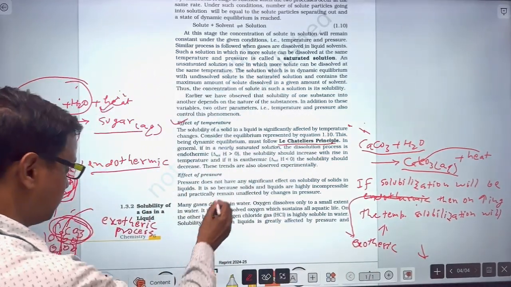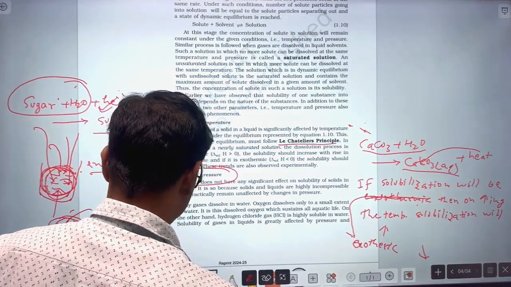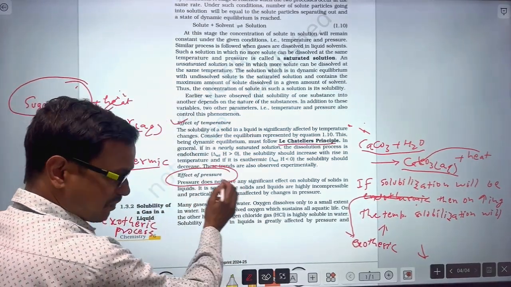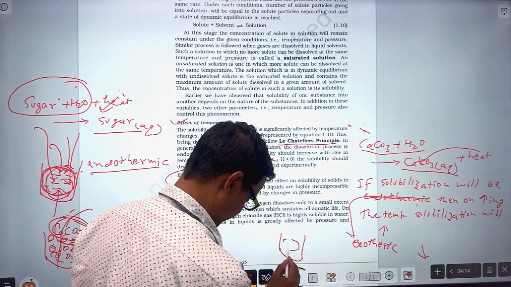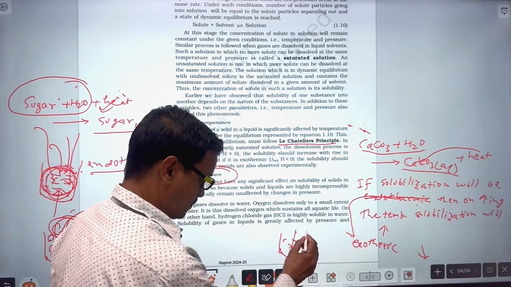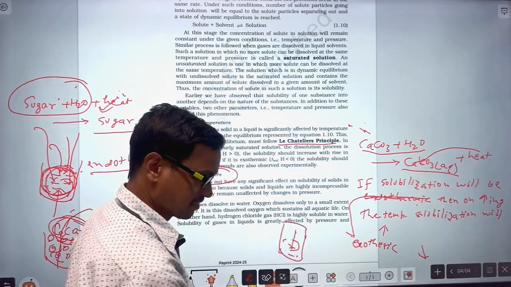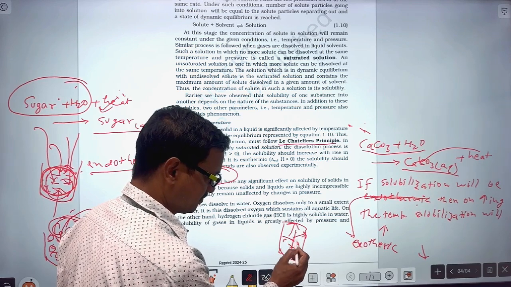Now, the effect of pressure. Suppose here this is a glass. You dissolve sugar and this vessel is closed. Will there be any pressure on this wall?